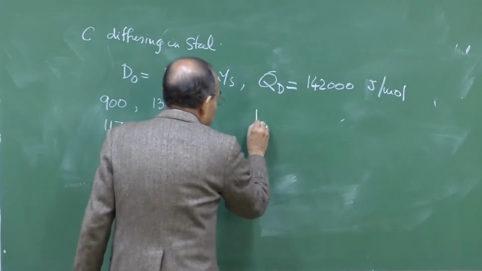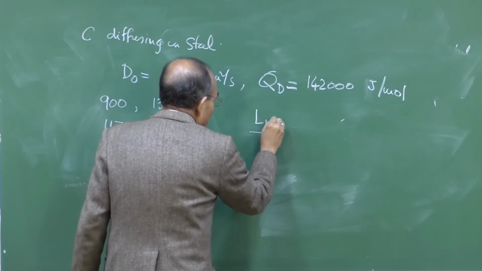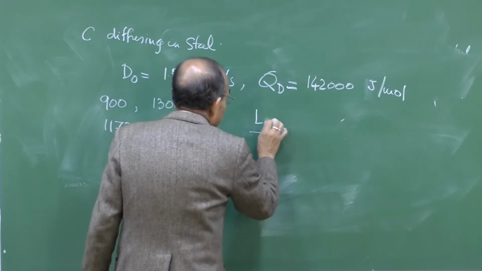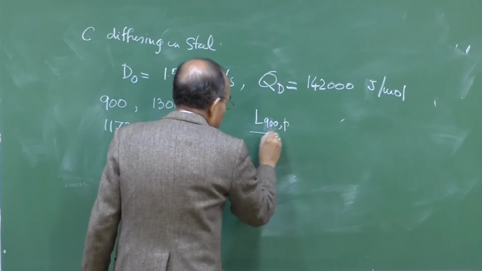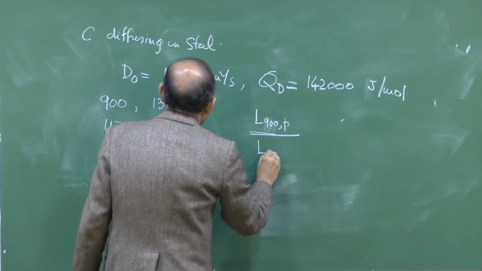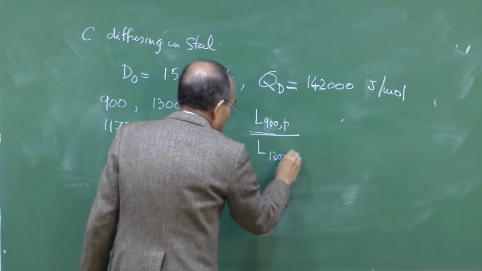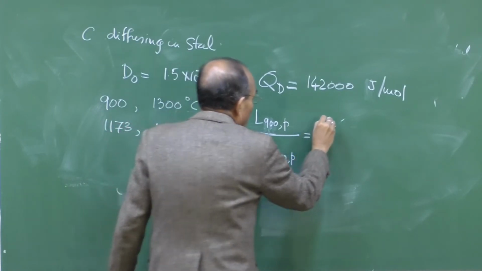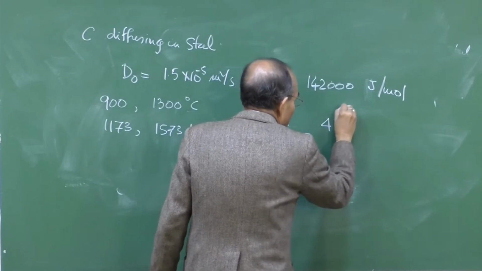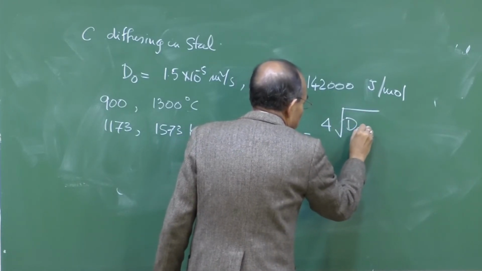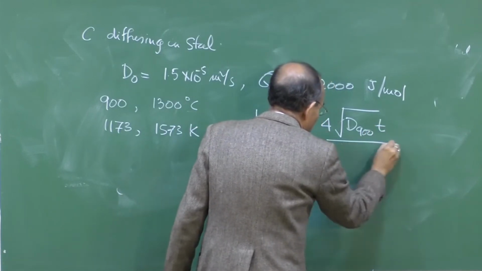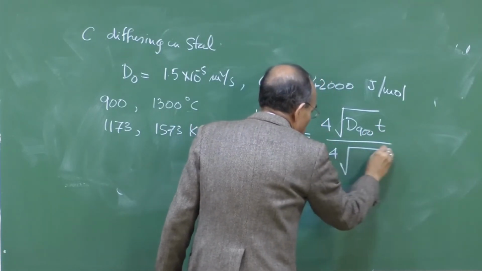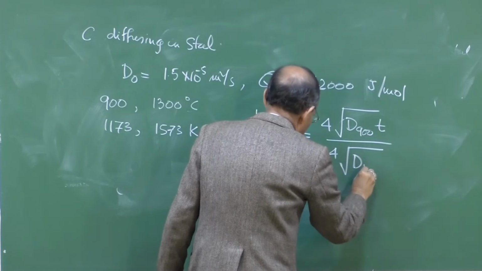So, we can see that the penetration distance L900 by L1300 penetration is equal to 4 times square root D900 into t divided by 4 times D1300 into t.